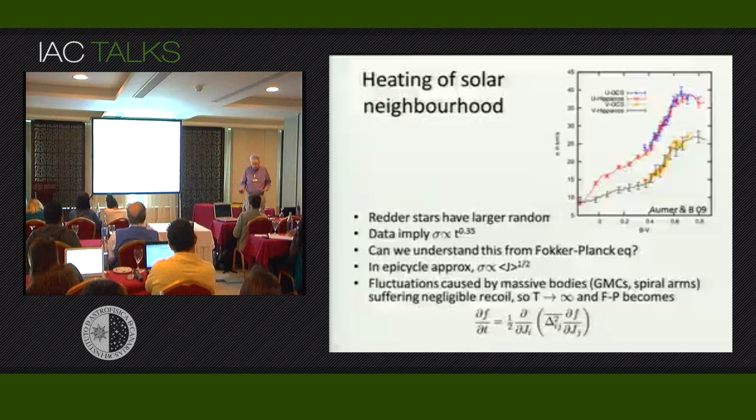So if you're at the blue end of the diagram, you're only seeing stars that have been around for some hundreds of millions of years, whereas if you're looking at the red end of the diagram, you're seeing stars of every age. You're seeing ones made yesterday with low masses, and you're seeing ones that were made at the beginning of the galaxy because they have lifetimes that are longer than the age of the galaxy.